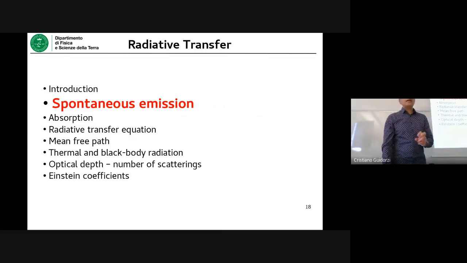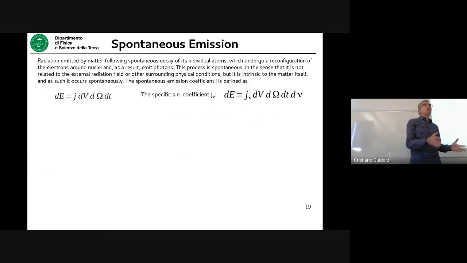And let's characterize them and see how we can encode them using the previously defined quantities. So let's start with spontaneous emission. What is that? Well, we know that matter has the property of emitting radiation in a spontaneous way. Spontaneous means that it is independent of what's going on in the environment in which matter lies.